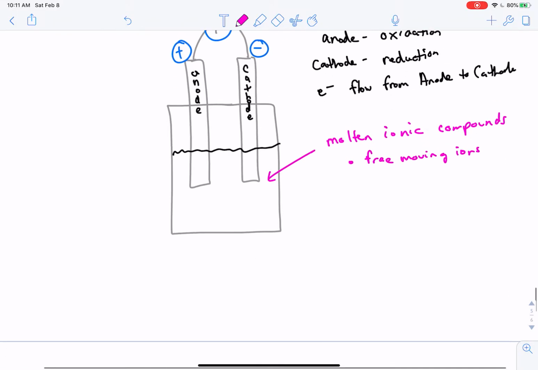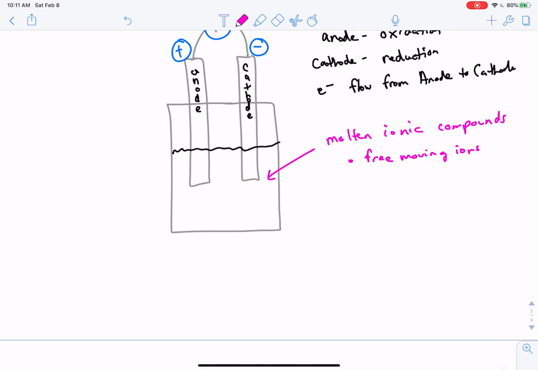Now, we'll pick a random molten ionic compound, something like Mg2+ and Cl-. That is MgCl2, and one of these species is going to oxidize, one of these species is going to reduce.